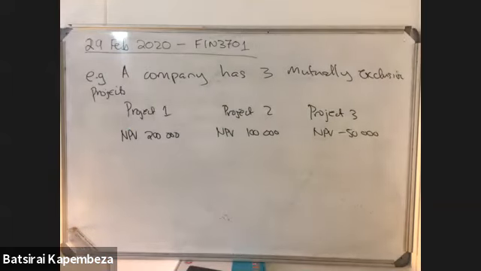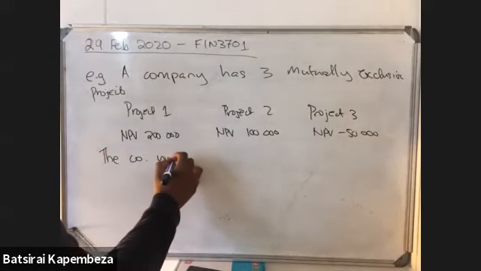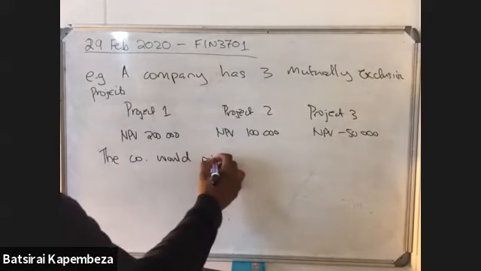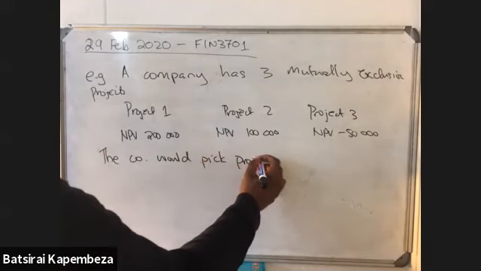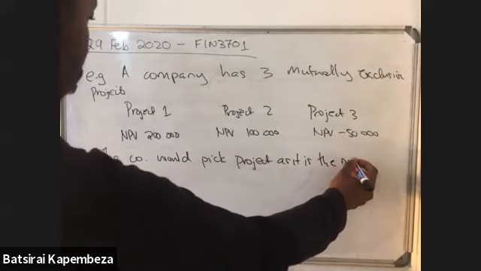If these projects are mutually exclusive, the company can only pick one project. And what the company will do, they'll pick the most profitable project. In this case, the most profitable project is Project 1. So the company would pick Project 1 as it is the most profitable.